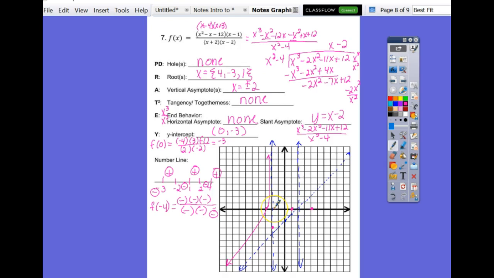We said from negative 2 to 1 was all negative, so this is going to go this way, and this is going to go this way. And then from 2 to 4 is negative, so this goes down, and this goes this way. So that's what the graph would look like.